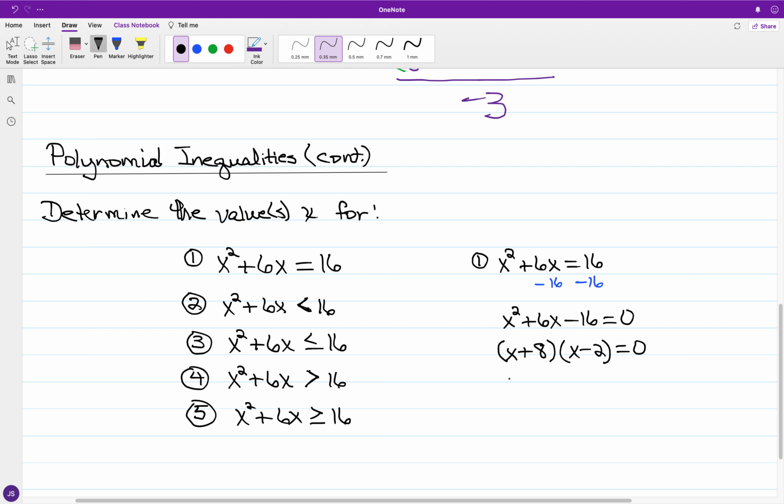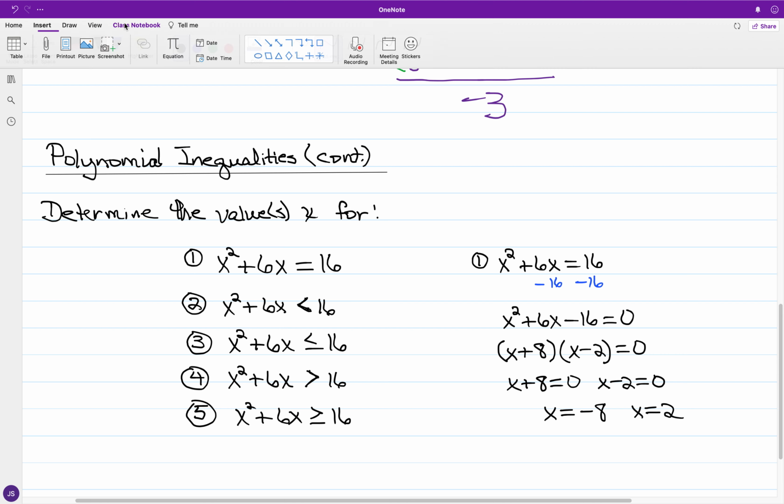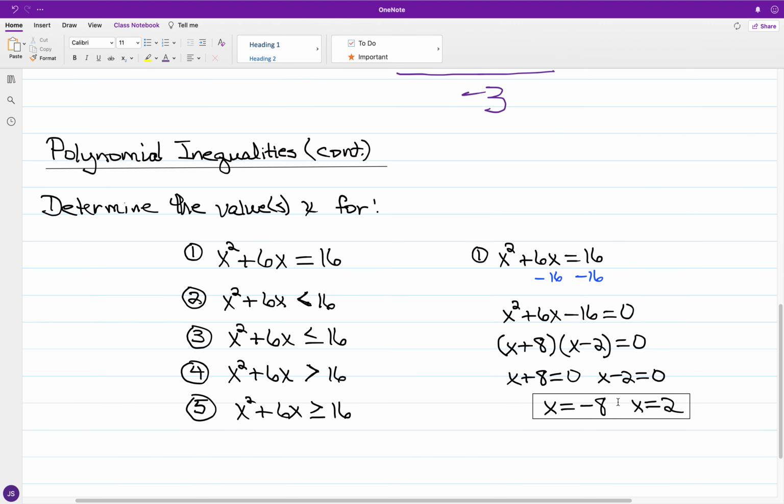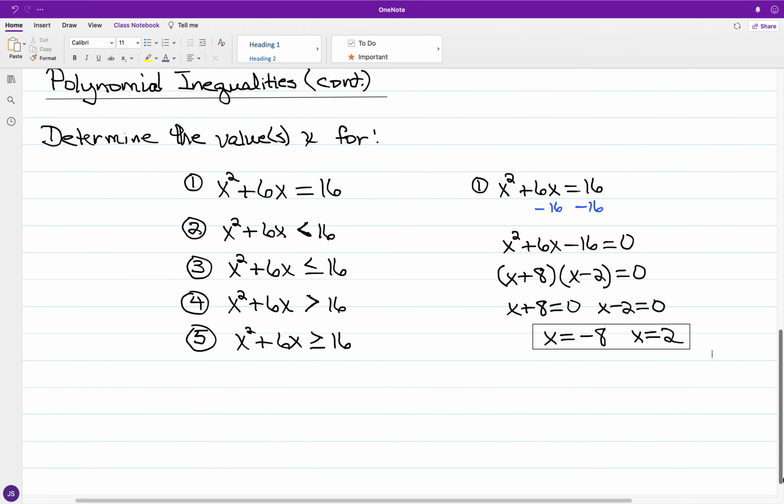Looking at the zero product property, if I set each of the factors to 0, x plus 8 equal to 0 gives x equal to negative 8. And x minus 2 equal to 0 gives x is equal to 2. So for the solution of the equation, I have 2 values: negative 8 and positive 2.